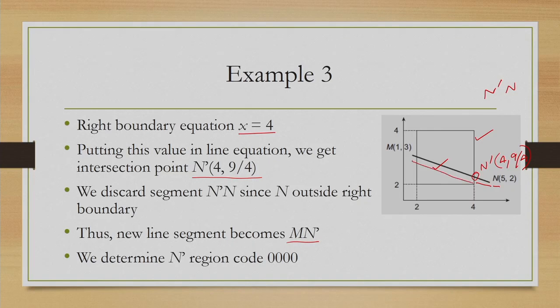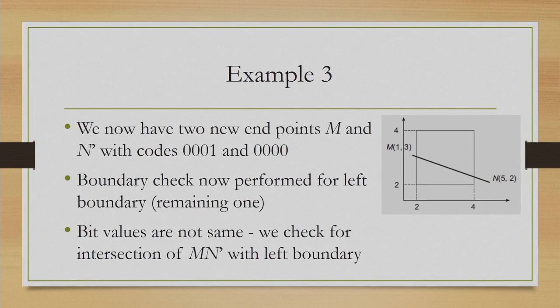So, this part. Then we decide the region code of the new endpoint n dashed, which is 0000. Thus, we now have two new endpoints M and n dashed. M has code 0001 and n dashed has code 0000.